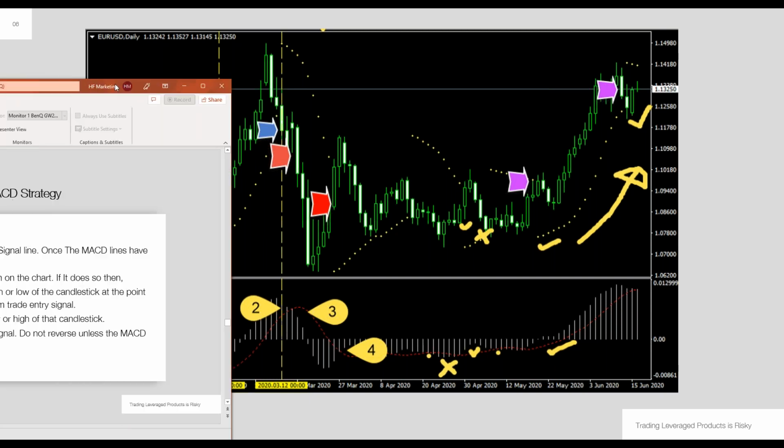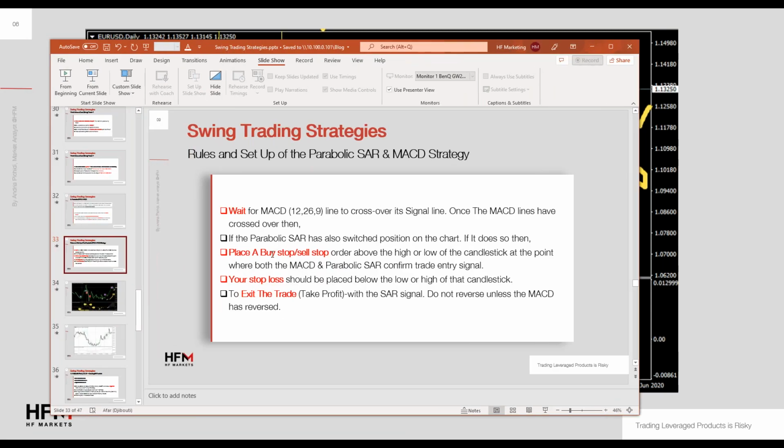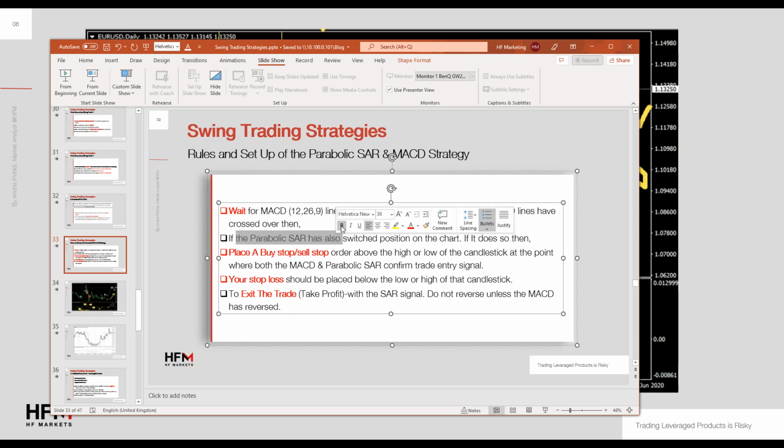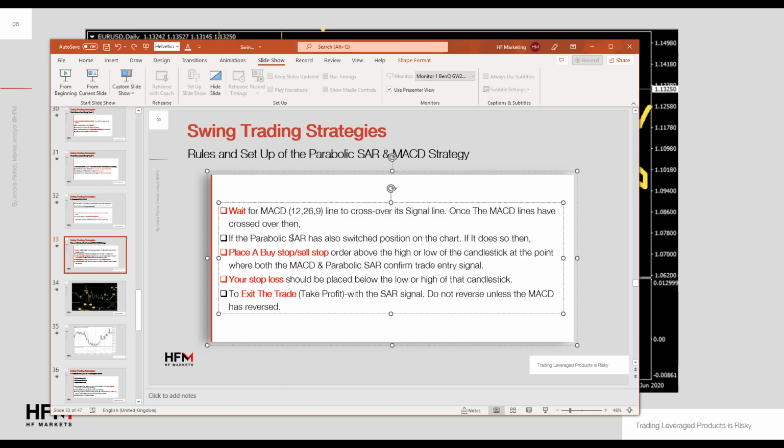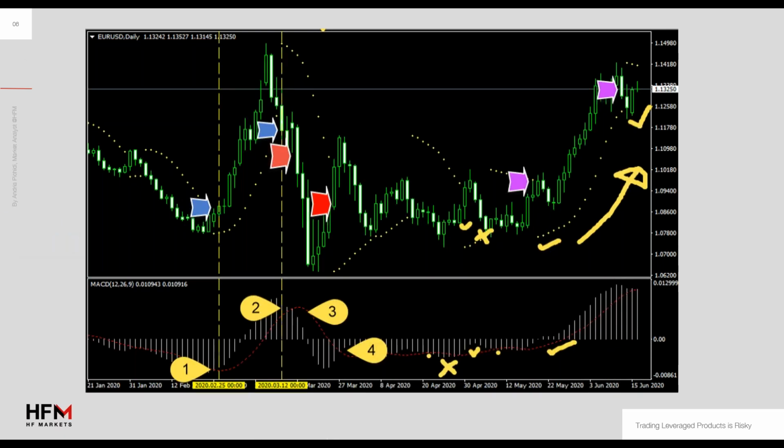They are aligned. Remember, the condition is to wait for a crossover of MACD and also a switch of parabolic SAR. If they both agree, then we can place our order. So in this case, we can place a long position.